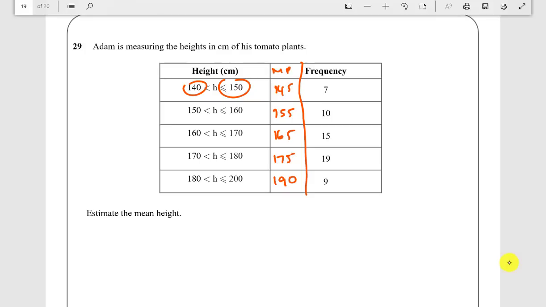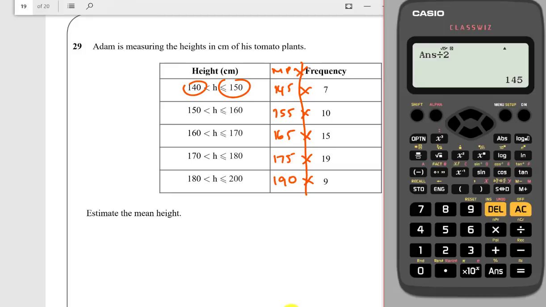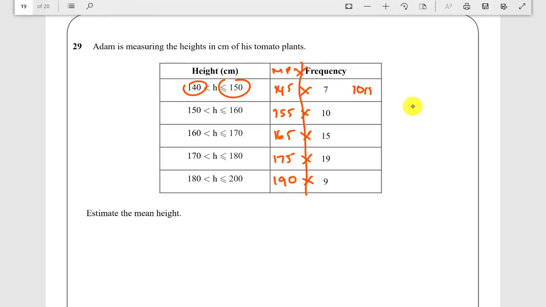Now what we need to do is multiply the midpoint by the frequency. So let's multiply these numbers. If you're not sure, use a calculator. It's a calculator paper. So 145 times 7 gives us 1015. So let's write the answer here. That's 1015.